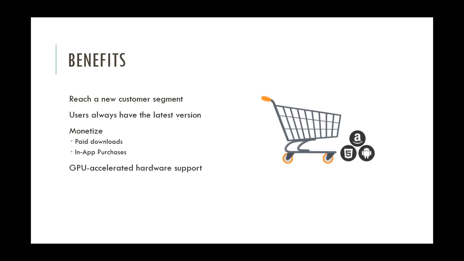Regarding the performance of these apps, Kindle Fire and Kindle phones have a special Amazon Web View that's GPU accelerated, and that's where these apps are run. So that gives them excellent support.